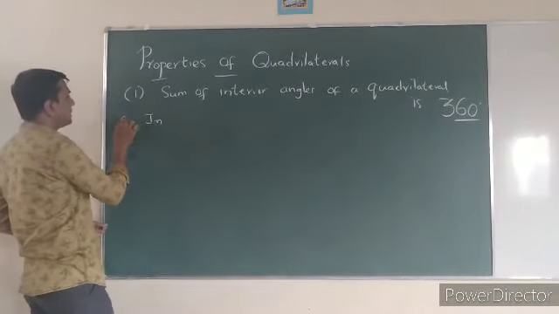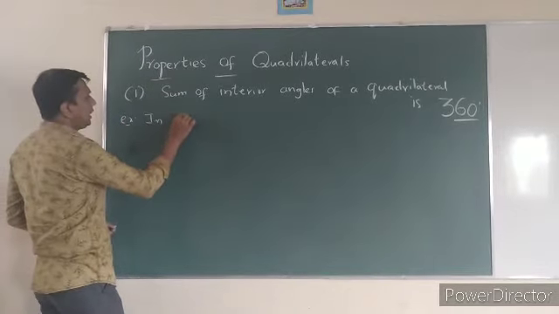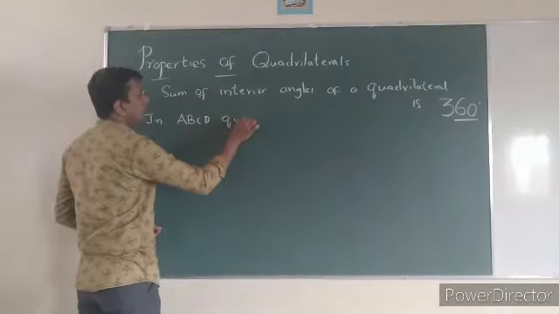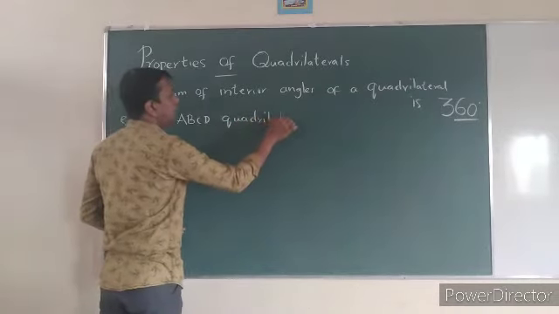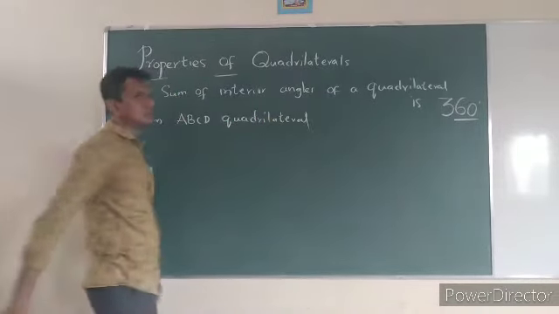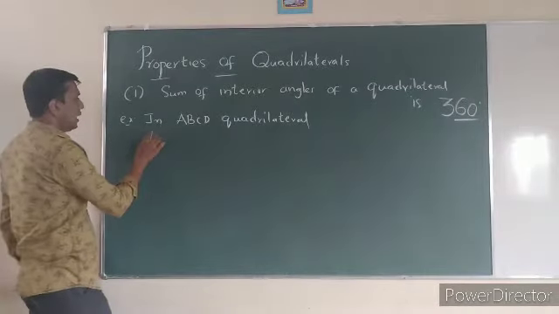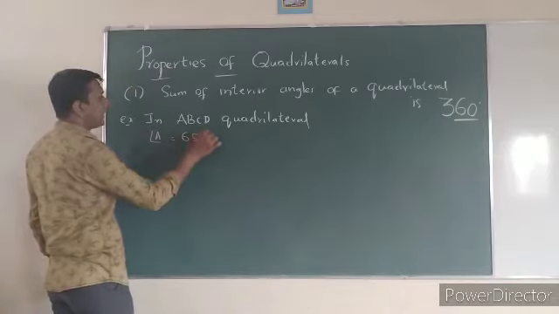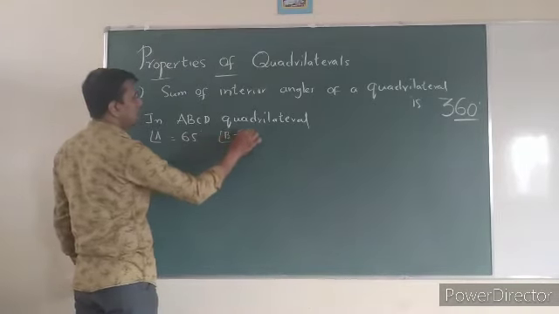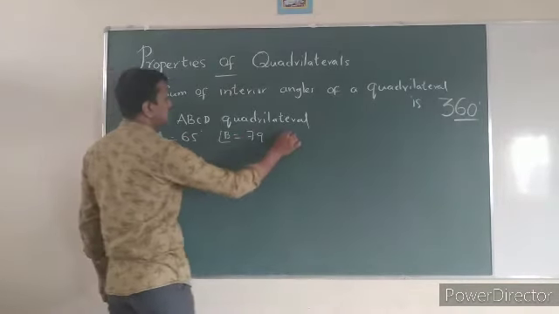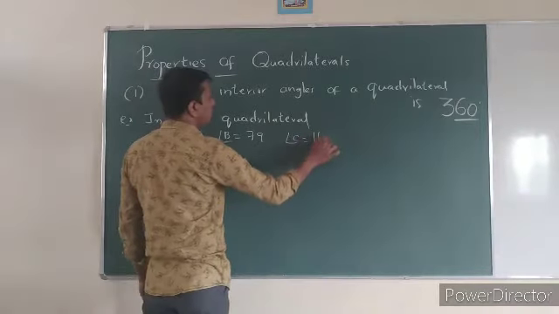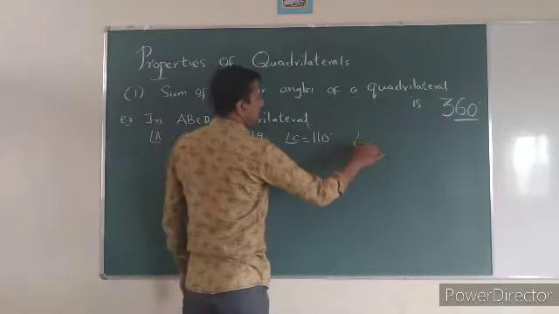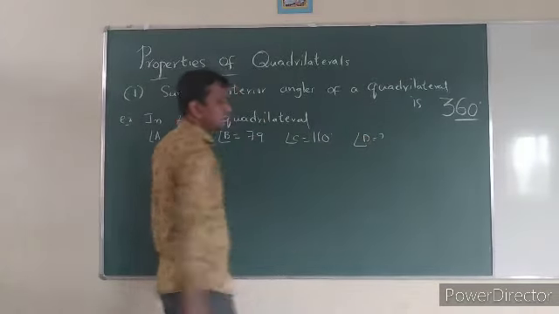The question is: in quadrilateral ABCD, angle A is equal to 65 degrees, angle B is equal to 79 degrees, angle C is equal to 110 degrees. Then what is angle D? We have to find out.